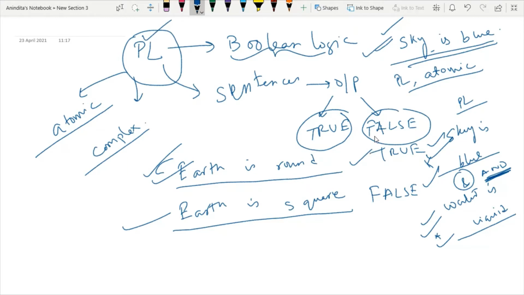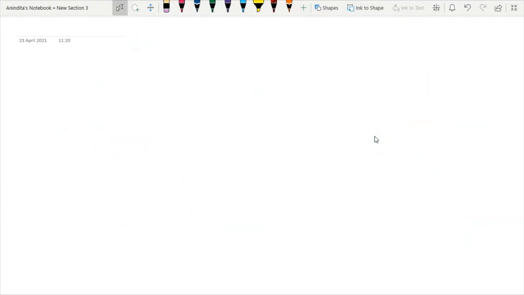But here the important point is how to represent the propositional logic. For representation of propositional logic, I will give you one example. This is a very basic kind of propositional logic representation. Then we will move on to the complex category. So how to represent this? Say a particular sentence is given as: a person ABC is intelligent and hardworking.